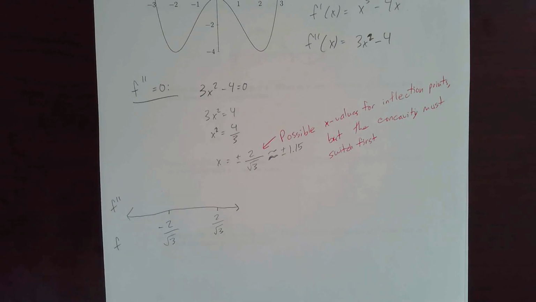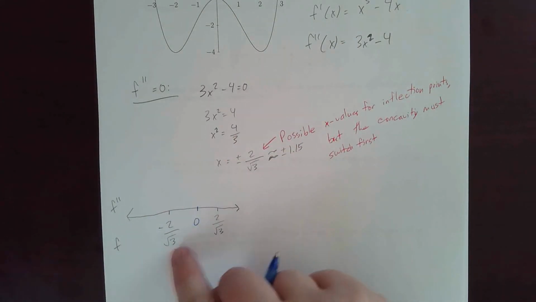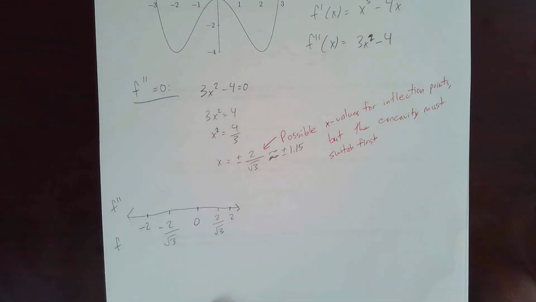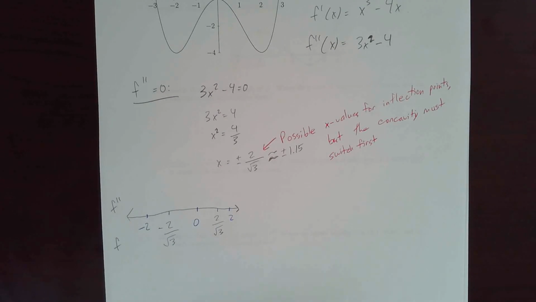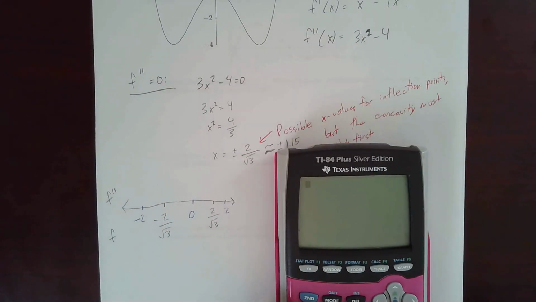So some points we might pick between them is 0. If we're looking for something that is smaller than this, this will be -2. If we're looking for something bigger than this will be 2. So again, we'll just plug into our second derivative to find what we're looking for, positive or negative.